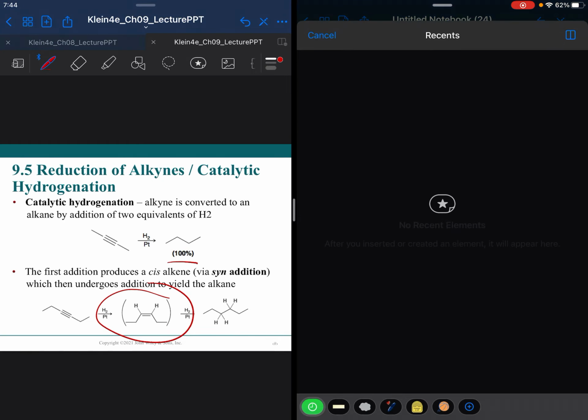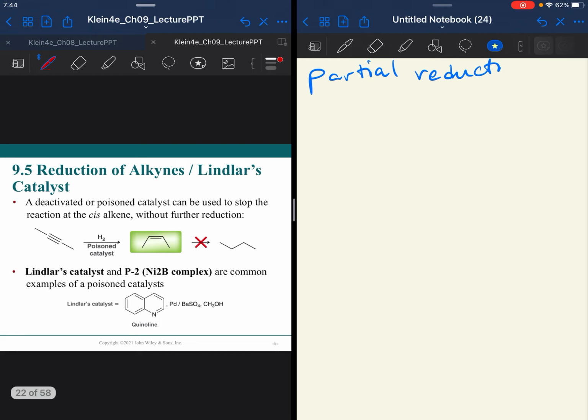So look at the slide over here. We are doing a partial reduction. There we go. We have two options. I'll draw it linear, just so as not to confuse cis and trans.